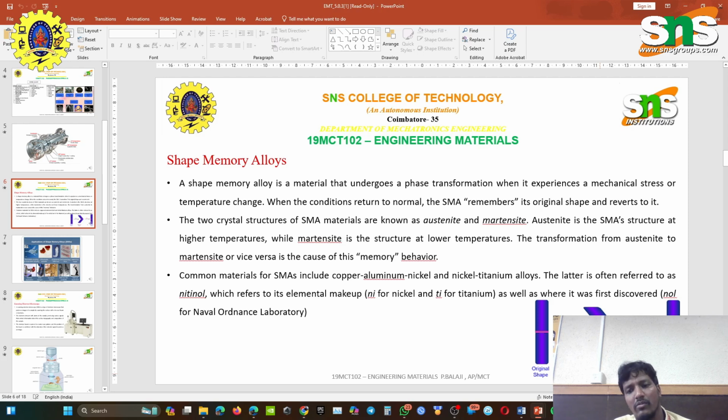When you apply a load, the material deforms, and after that, by heating or cooling, it gets back to the original position. The basic example of an SMA is nitinol, which means nickel and titanium. That's all about SMA.